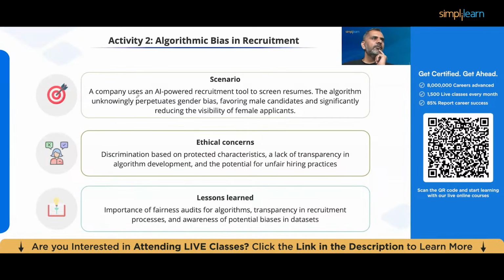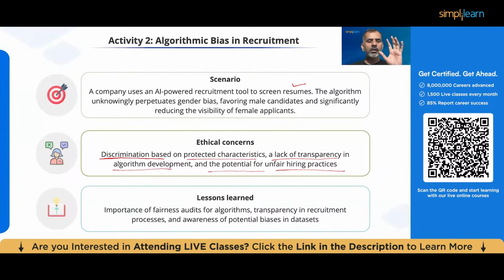So you see that this is what we get. A company uses an AI-powered recruitment tool to screen the resumes. And if the algorithm unknowingly favors the male candidates, it introduces an ethical concern in terms of discrimination based on protected characteristics. There is a lack of transparency in algorithm development and potential for unfair hiring practices.